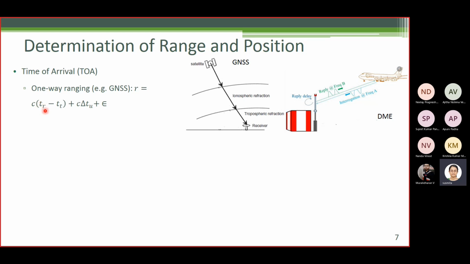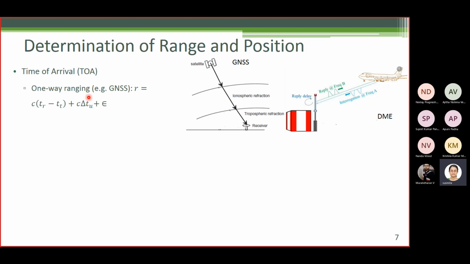So you can think of the actual time of reception, which is provided by the user, as equal to the true time of reception plus some error delta TU. Then take delta TU outside, so you get C times delta TU, and this one is TR minus TT times the speed of light. So this is an additional term that you get because the receiver has an inexpensive clock and this is not known.